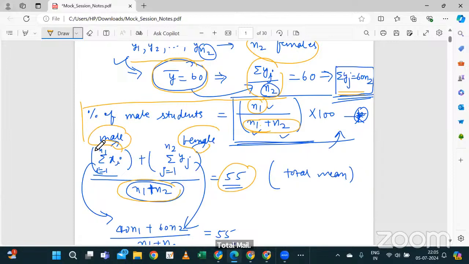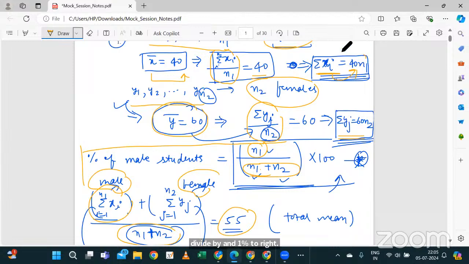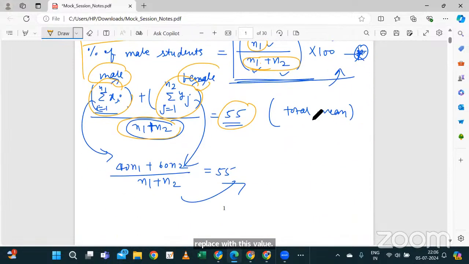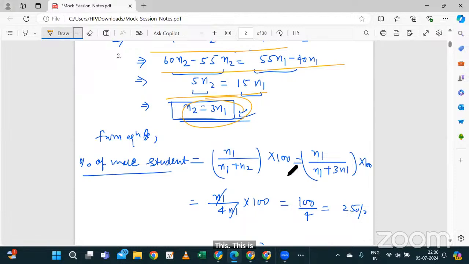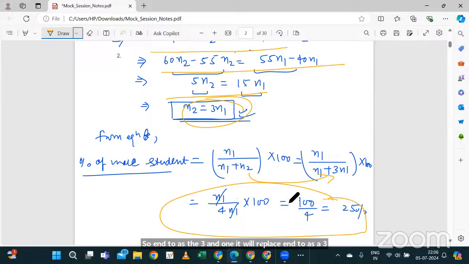So I can replace the summation of xi with this value and the summation of yj with this value. So 40 n1 plus 60 n2 divided by n1 plus n2 will be 55. With some basic calculation, I got n2 as 3 n1. If you replace n2 with 3 n1, you will get n1 divided by 4 n1, and n1 will cancel out. It will be 100 divided by 4, which is 25.